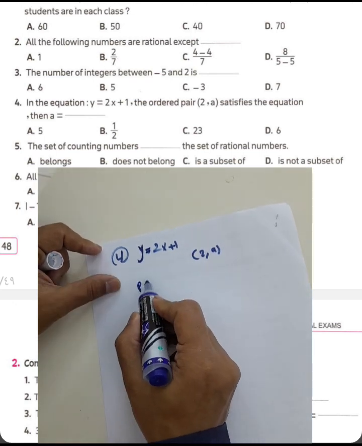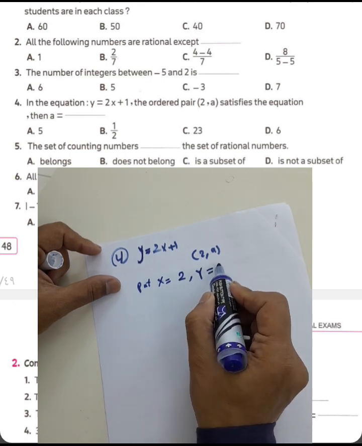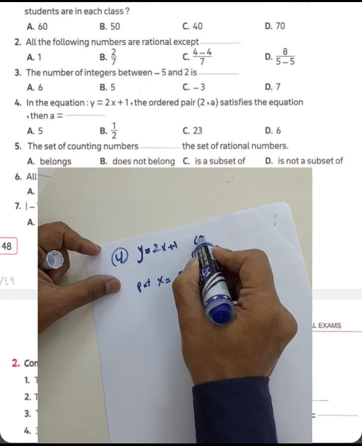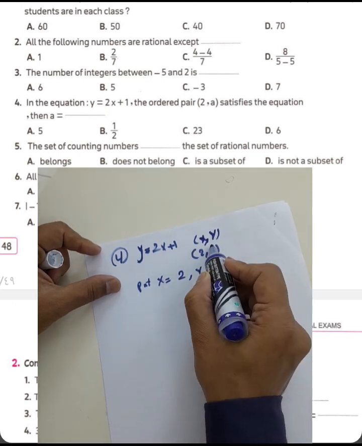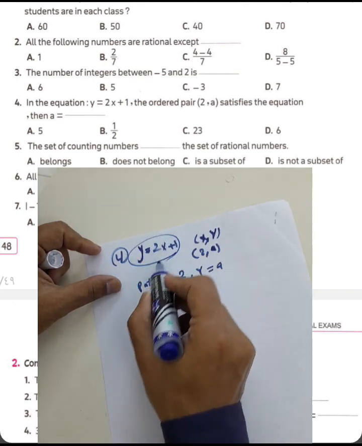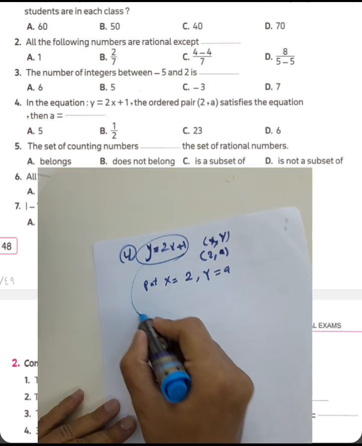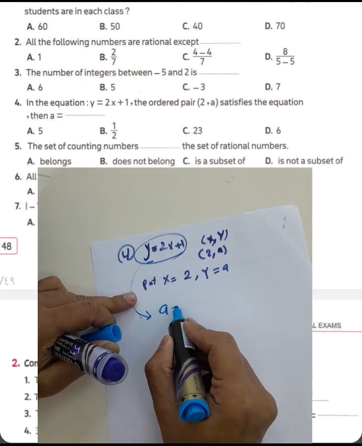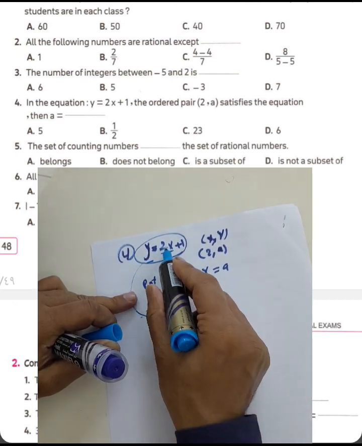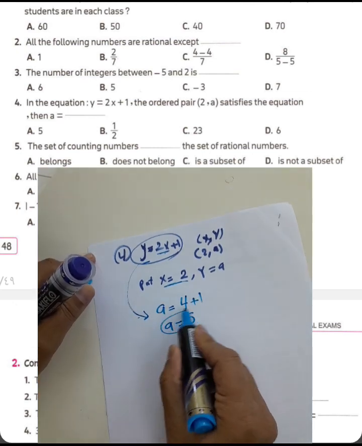Put x equal 2 and y equal A, because any ordered pair consists of the first projection x and the second projection y. In this relation, y will be equal A, and x equals 2. 2 plus 1 equals 3. Then A will be equal to 3.